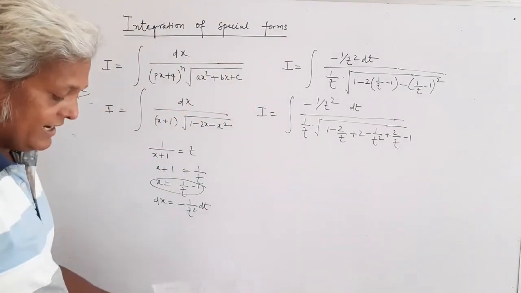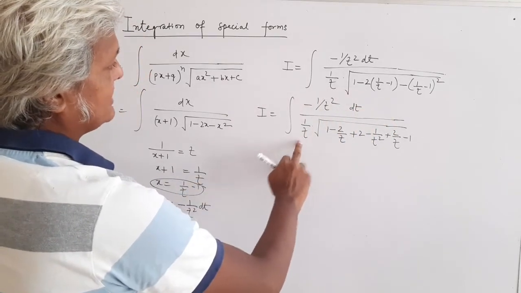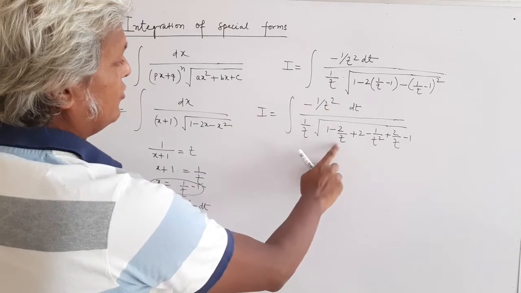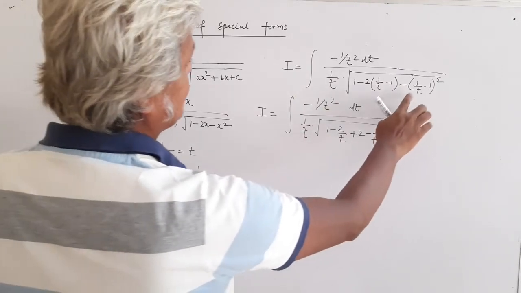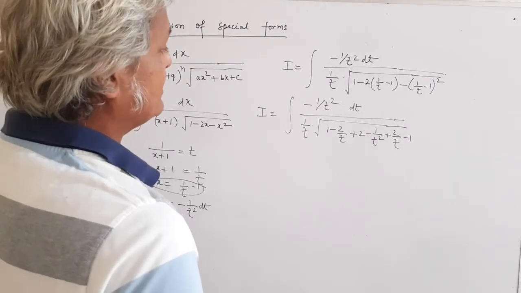I just expanded using the formulas. So 1 upon t as it is, 1 minus 2 over t, and the sign also changes, so 1 minus 2 over t plus 2, and I expanded (1 by t minus 1) whole square using the formula for (a minus b) whole square.